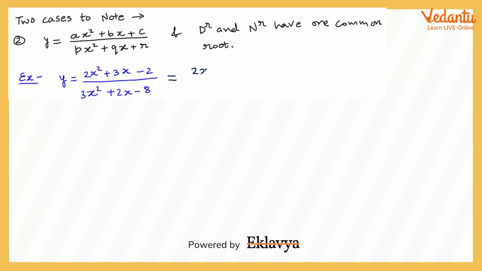So one factor will be 2x minus 1, and the other factor would be x plus 2. Okay, whereas in the denominator 3 into 24 minus 24, so I will write this as plus 6 minus 4. So 3x minus 4 as one factor, and x plus 2 as another factor. You can check 3x square plus 6x minus 4x minus 8. Yeah, so this is a common factor.